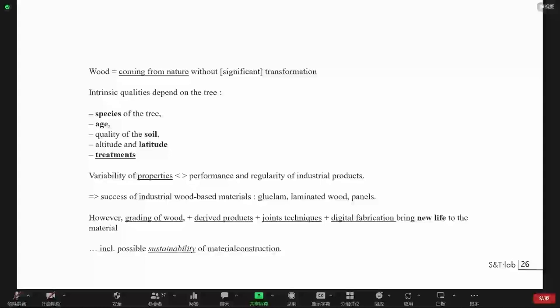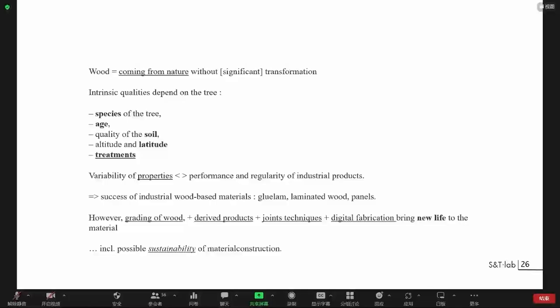Sometimes we'll have to transform the material itself. So the intrinsic qualities of the material depend on the species of the trees that will be used, the age of the tree, the quality of the soil, the altitude and the latitude, so the position horizontally and vertically around the earth, and also the treatment that will be provided to the material.